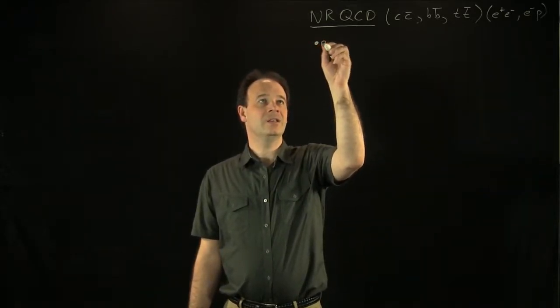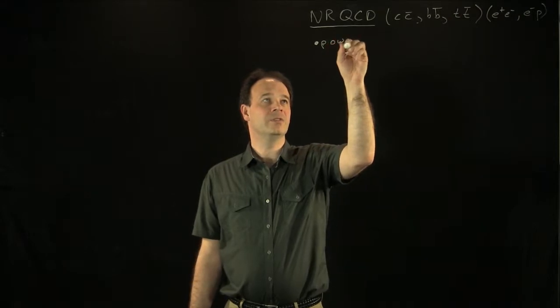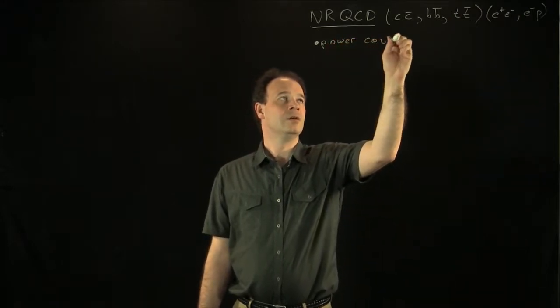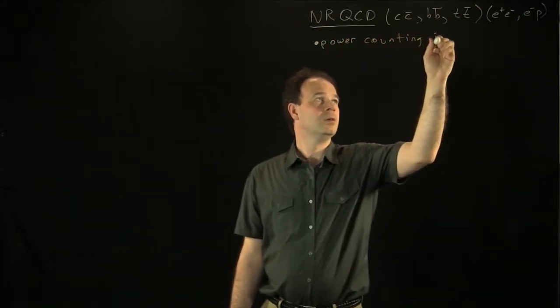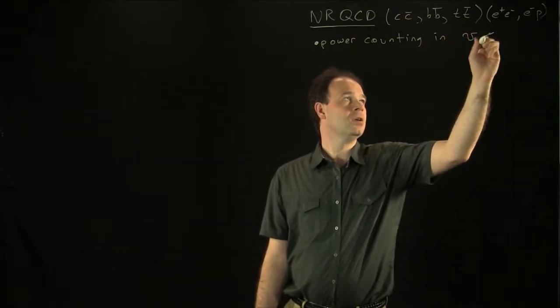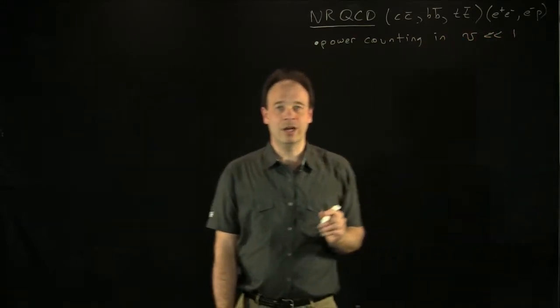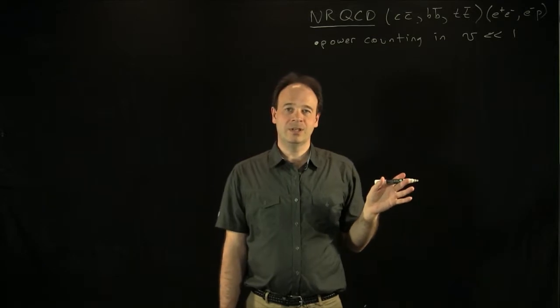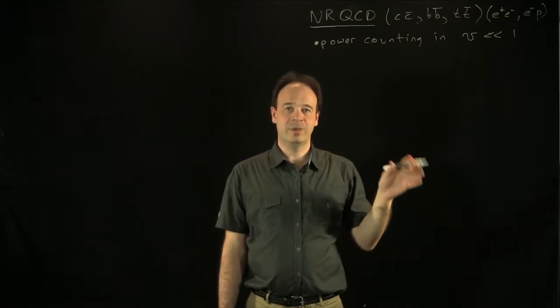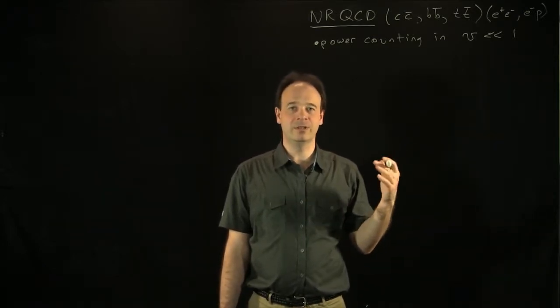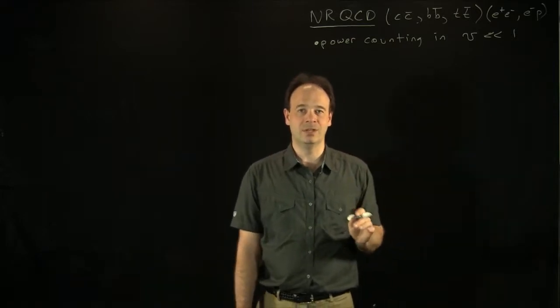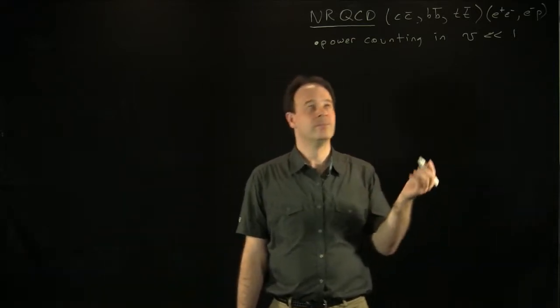So what is the power counting going to be in this gauge theory? The power counting will be in the relative velocity v, which we're going to assume is much less than 1. When we did the non-relativistic contact interactions, we used p. Using p or v, they're interchangeable, but it's very common to use v in the gauge theory, so that's what I'm going to do here.